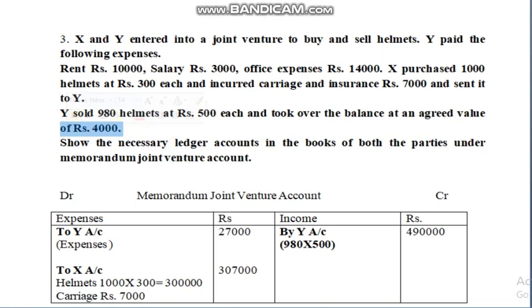This will become income for the joint venture, because while taking over the helmets, Y will pay the price of the helmets to the business. So it's an income. So by Y account, in bracket write down helmets taken over.